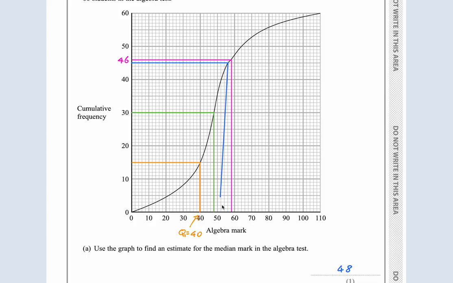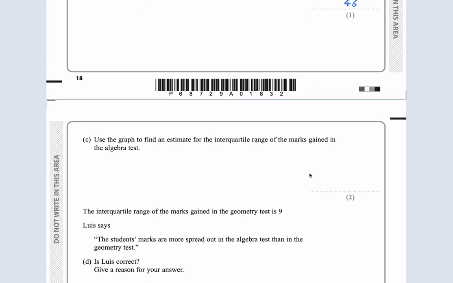Across and down, and this number is 56 here. So Q3 is 56. So the interquartile range is 56 minus 40, which is 16.